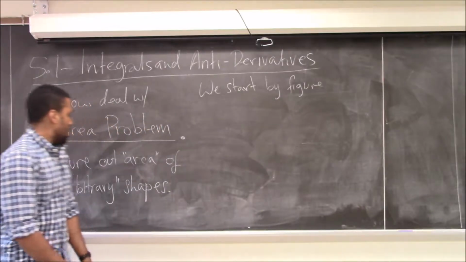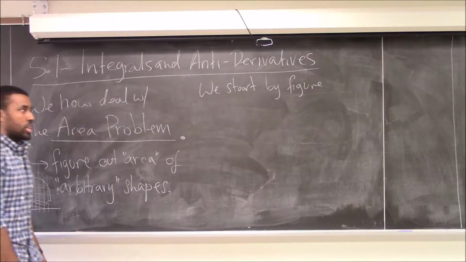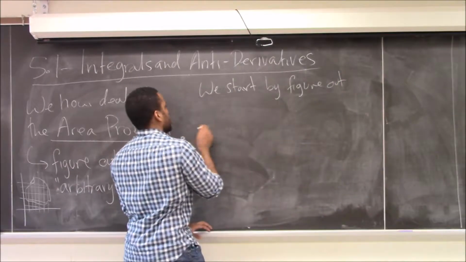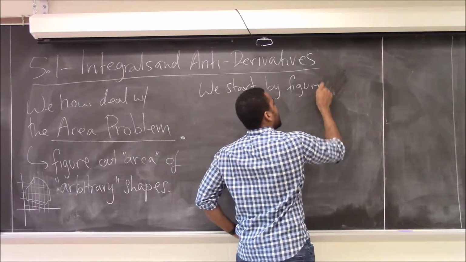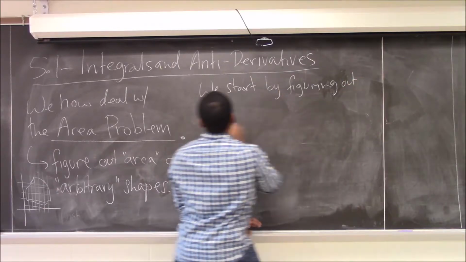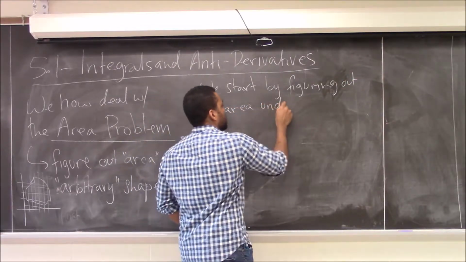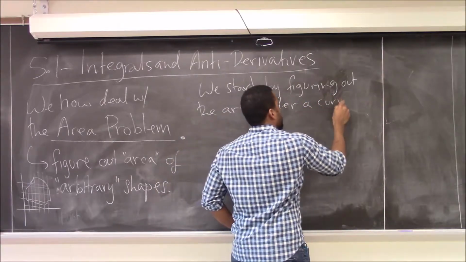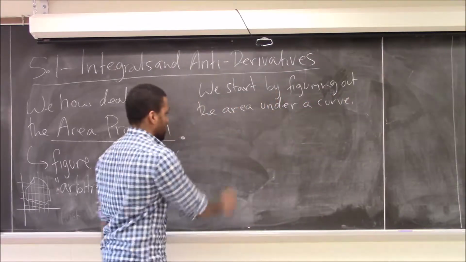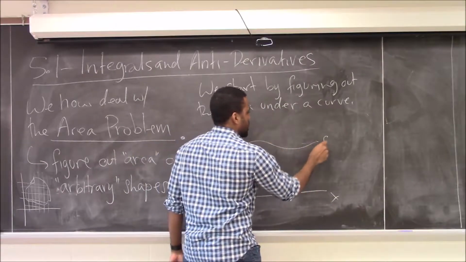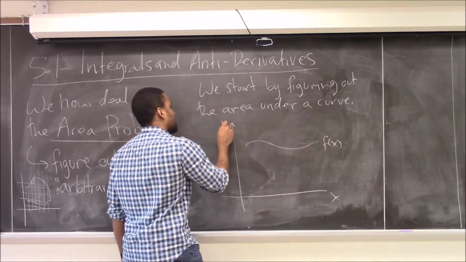So in order to figure out something for a general shape, we first figure out the area under a curve. That's how we start the process. So in the xy plane, let's say I have some function, f of x. That's my y.